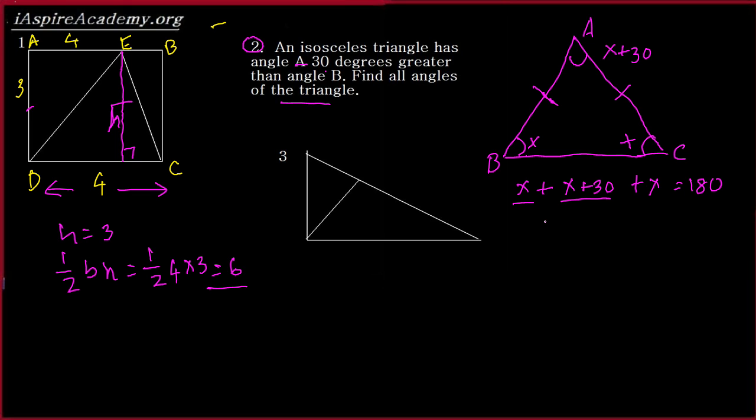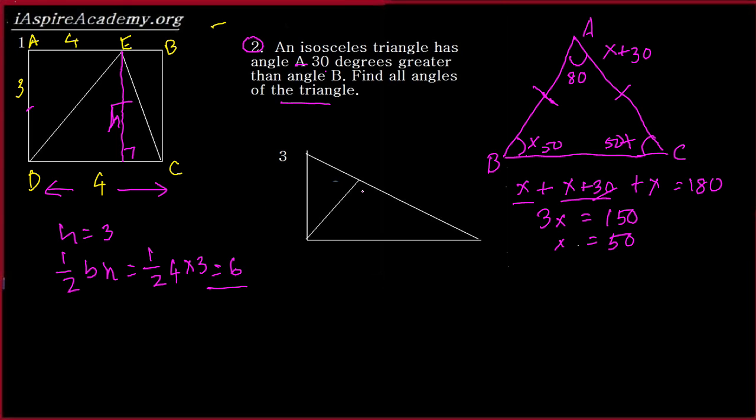So from here we can easily find 3x equal to 150, where we subtract 30 from both the sides, so then x leads to 50. So that means this is 50, this is 50, and this is 80. So this is a fairly straightforward problem.